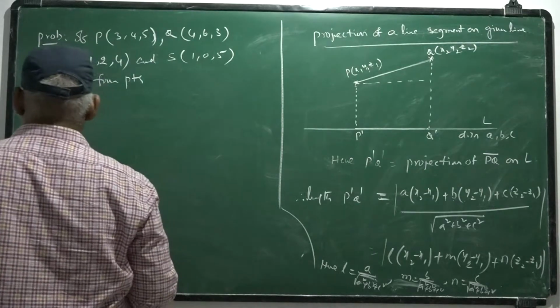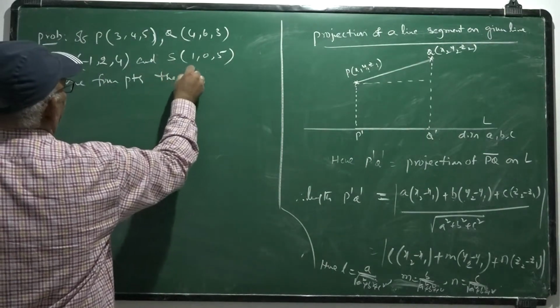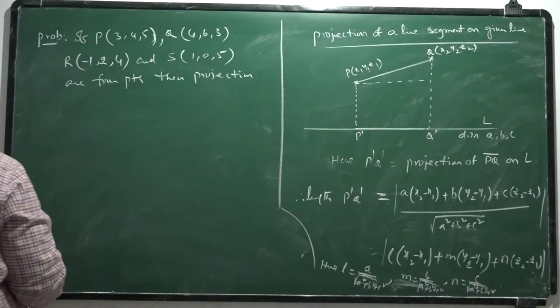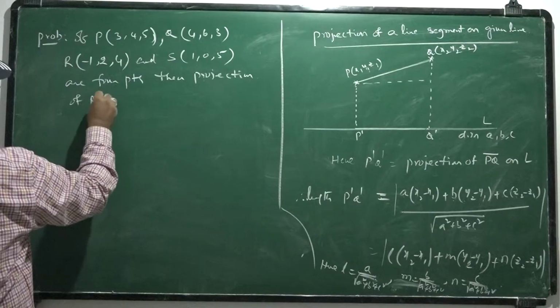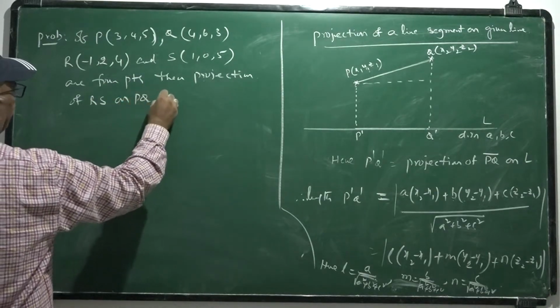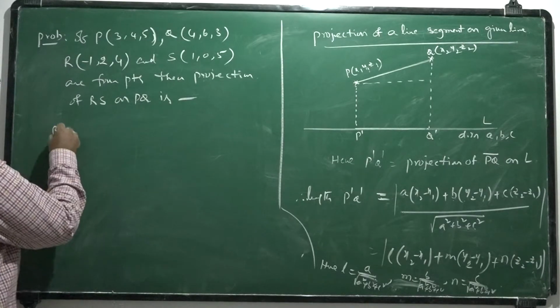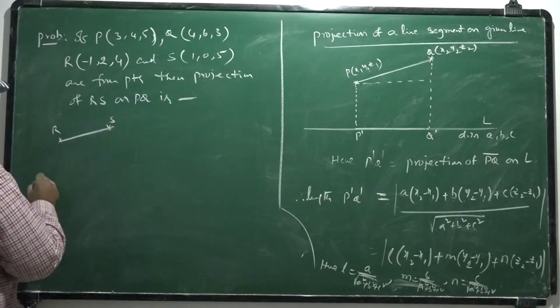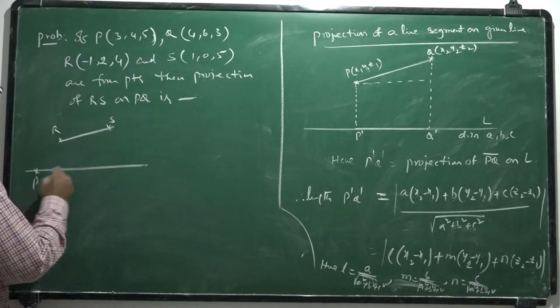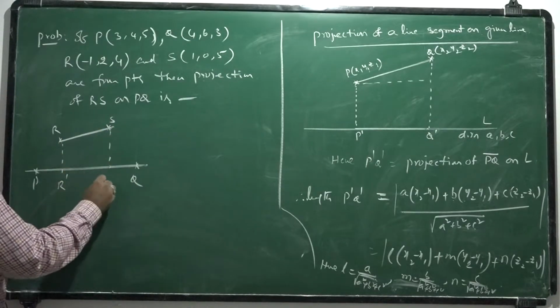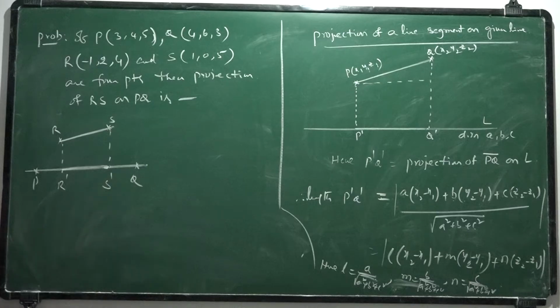Then find the length of the projection of RS on PQ. So this is R, suppose this is S. The projection of this one, this length, is the projection of RS on PQ.